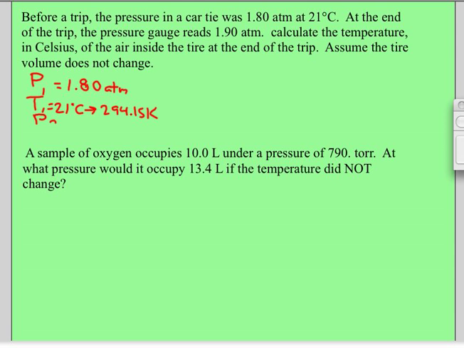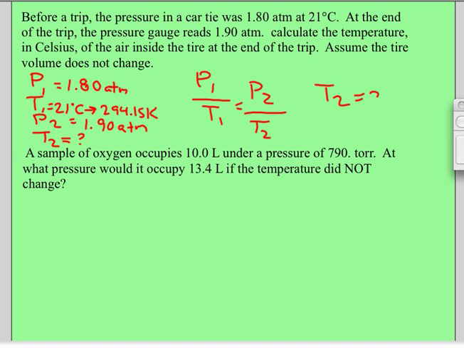Our P2 is 1.90 atmospheres, and we're looking for T2. So again, you have to look at your equation and say I'm only dealing with P and T, so I'm going to use P1 over T1 equals P2 over T2. You plug them in, solve for T2, 310.49. That's Kelvin. So we subtract that out and we would get 37 degrees Celsius.